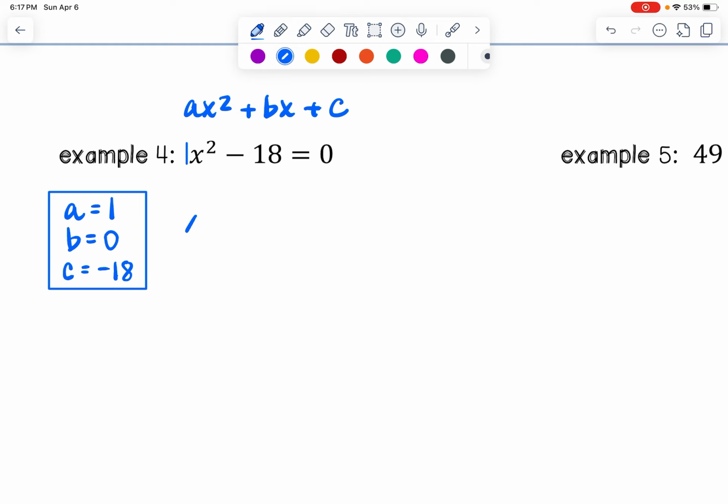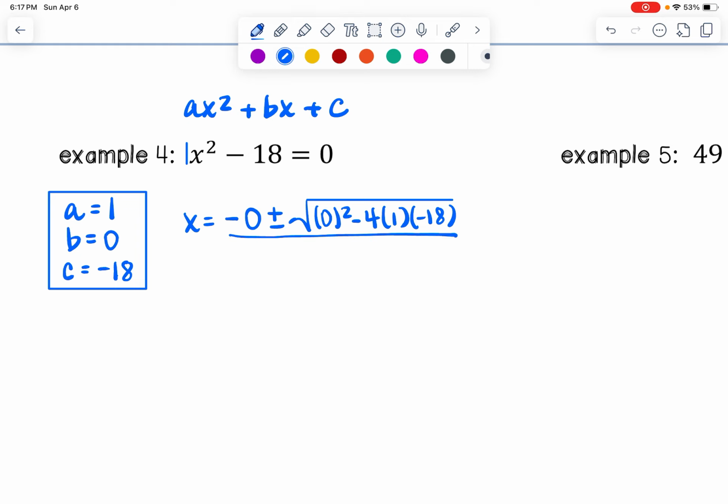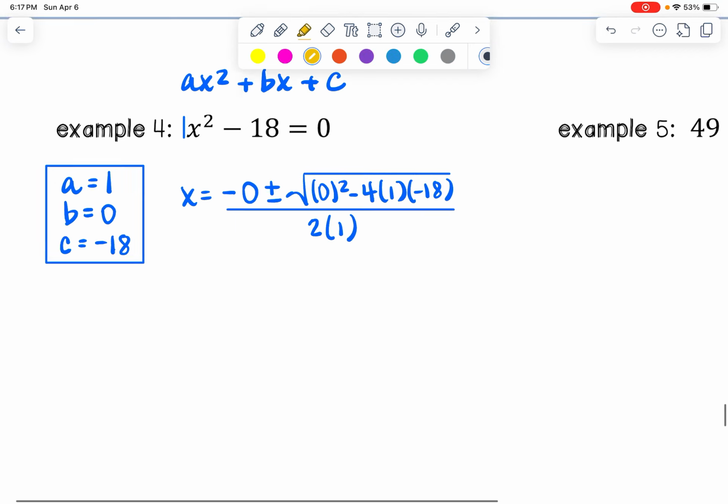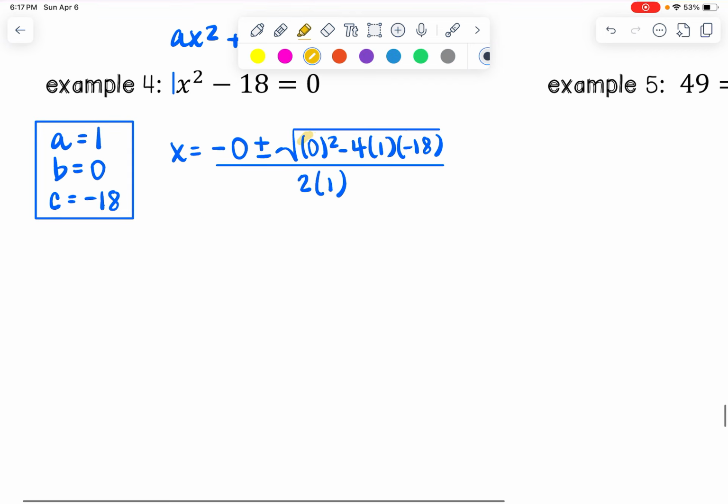All right, here we go. So x equals negative b. Now, technically that's negative 0, which means nothing. So we'll just take that off in a second. Plus or minus square root of b squared minus 4ac, right? All over 2a. There we go. And it's just the same steps over and over and over again.